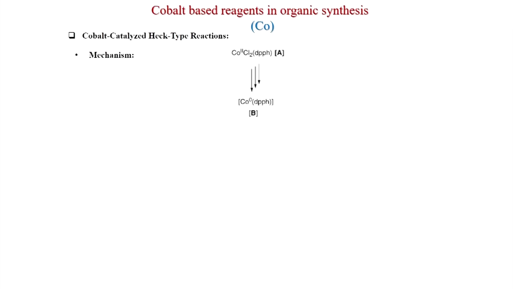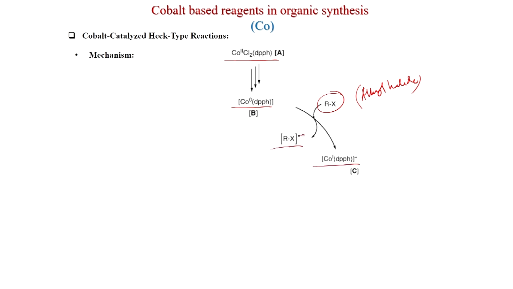So, what could be the mechanism for this Heck coupling reaction? So, CoCl2 DPPH goes to cobalt 0, and after that RX, the alkyl halide, will react and generate RX radical anion, and cobalt 0 becomes cobalt 1. Now, this Me3SiCH2MgCl will coordinate with cobalt to generate this, and MgClX will be byproduct.